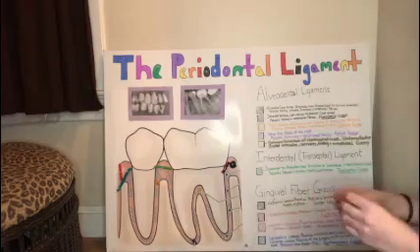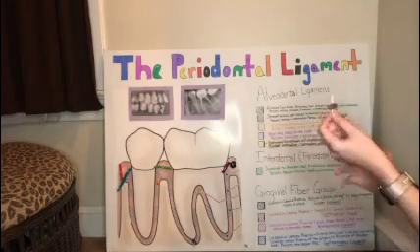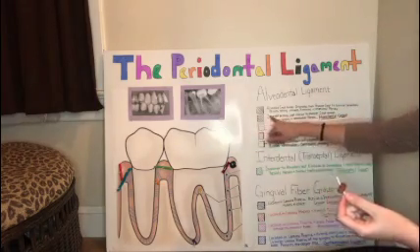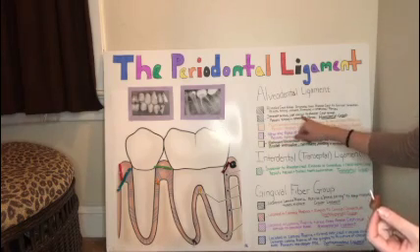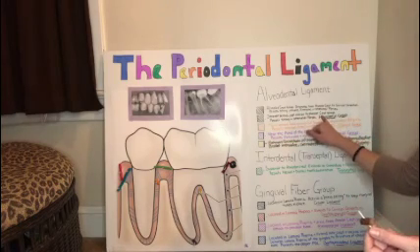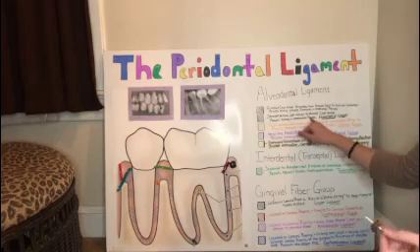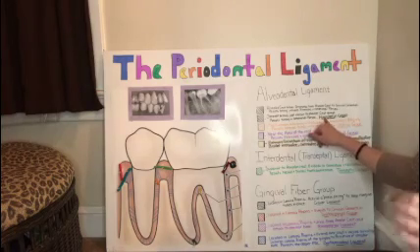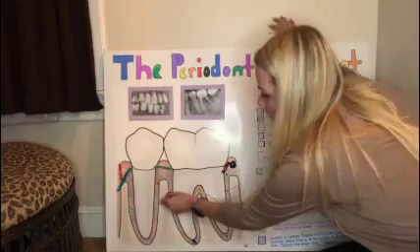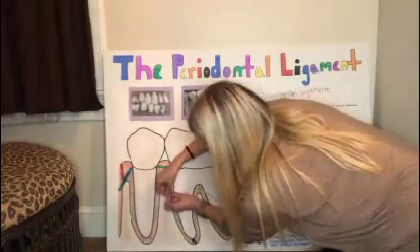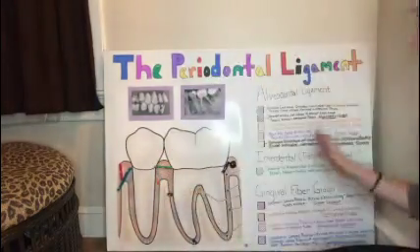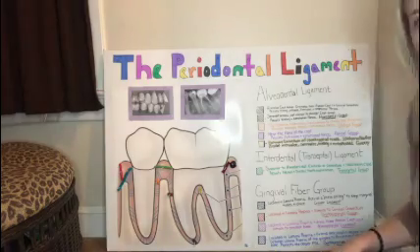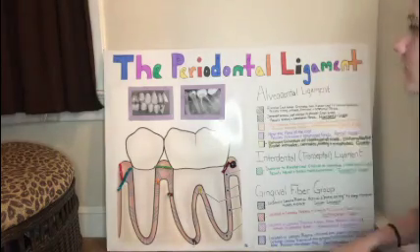And last but not least, we have our brown, okay? And this one says it is straight across, just inferior to the alveolar crest group. Resists tilting and rotational forces. This is the horizontal group. So that's pretty easy. Horizontal group right there. So there we have our different fiber groups and what they do.